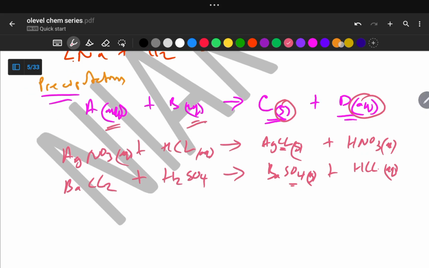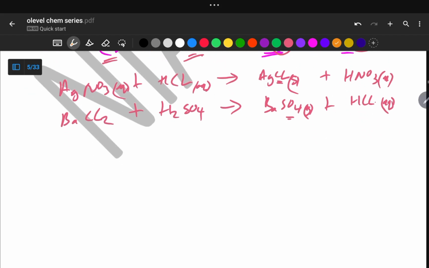Are we together? So we want to explain lastly the method of crystallization. This is the best method to obtain a pure salt, right? We can define crystallization as a technique used to purify or to obtain pure solid crystals of a dissolved salt from a solution, right?